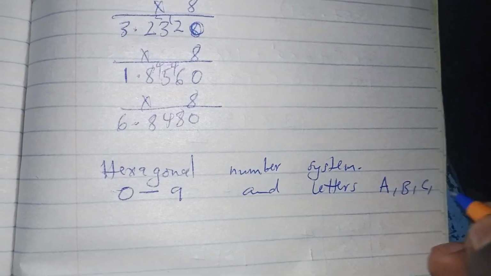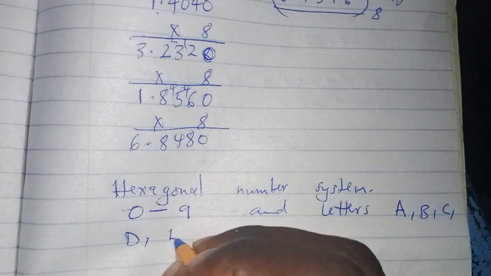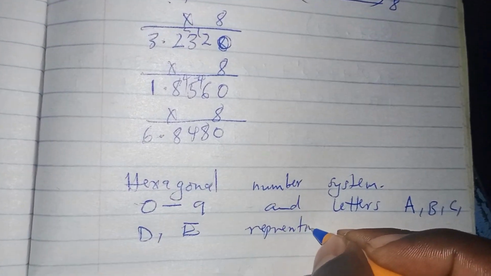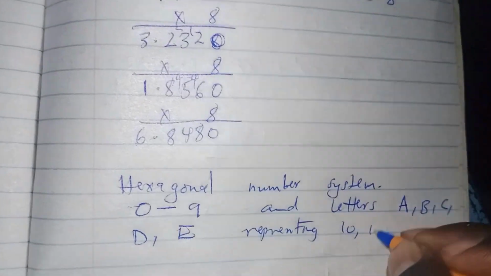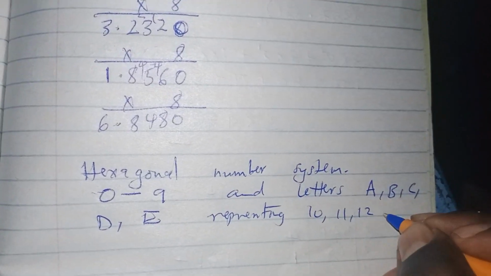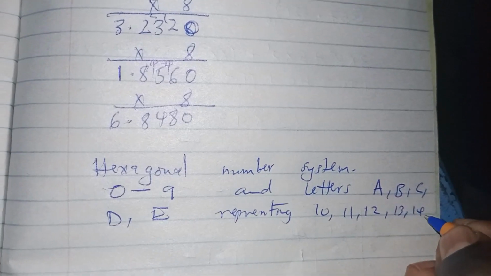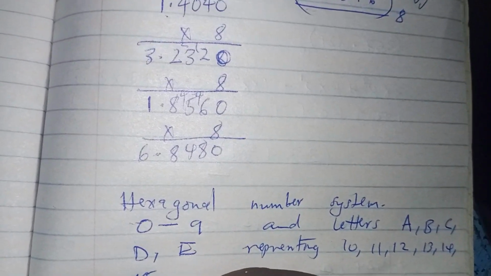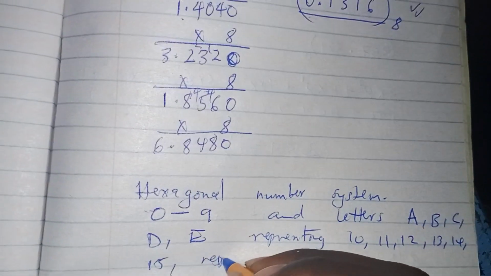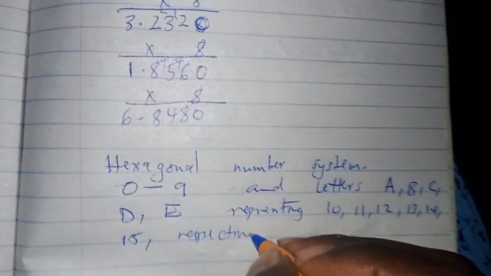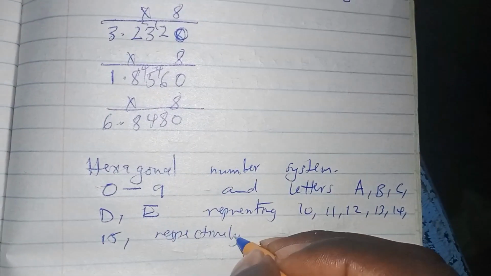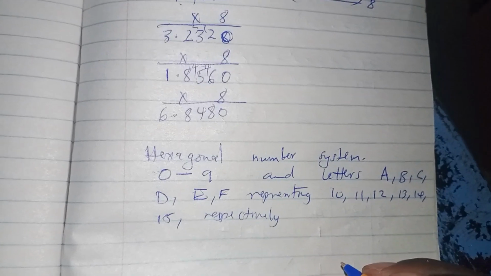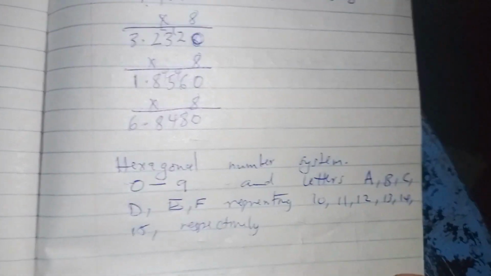B, we have C, we have D, and finally we have E, representing 10, 11, 12, 13, 14, and 15, respectively. So the way you are able to see them there, that is the way they are represented.